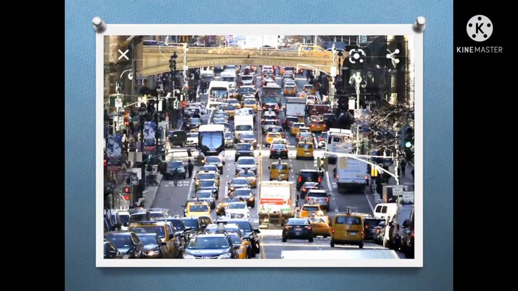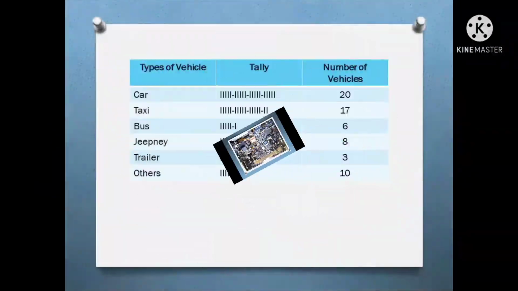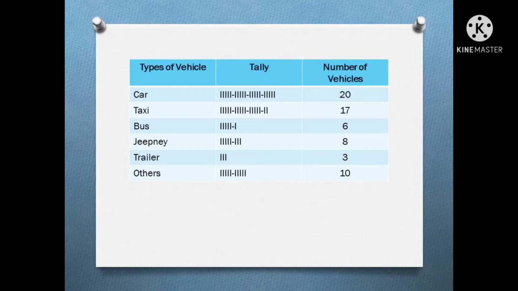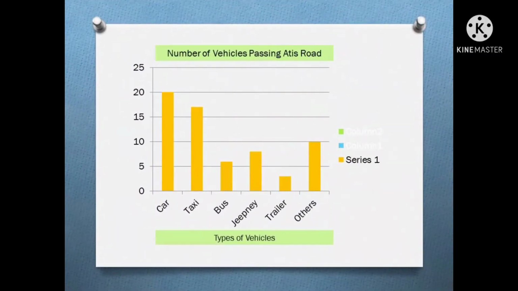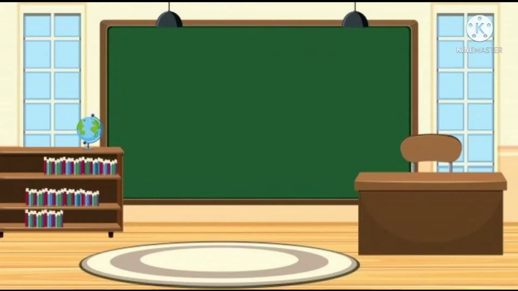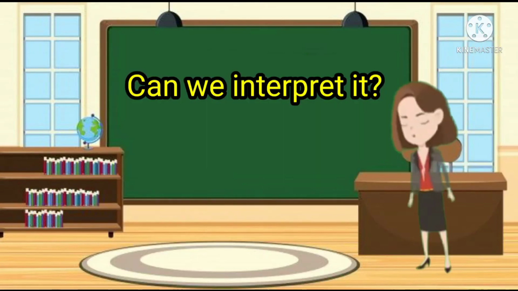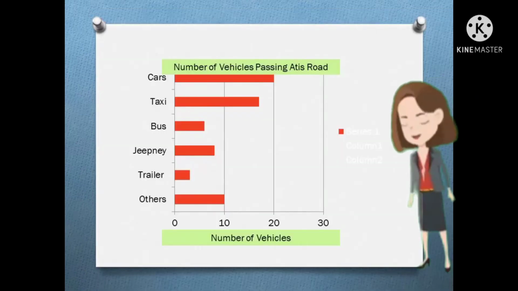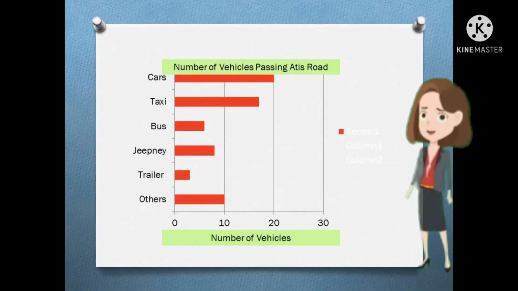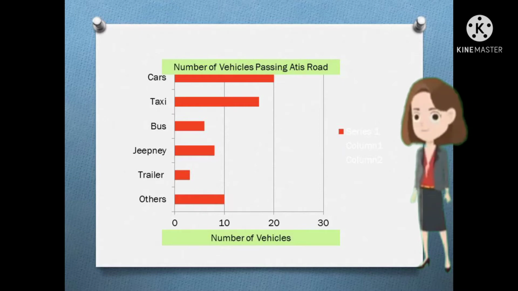Looking back at traffic city, with data organized in tabular form and presented in a single vertical and horizontal bar graph, can we interpret it? Today, we are going to interpret data presented on a single horizontal bar graph.